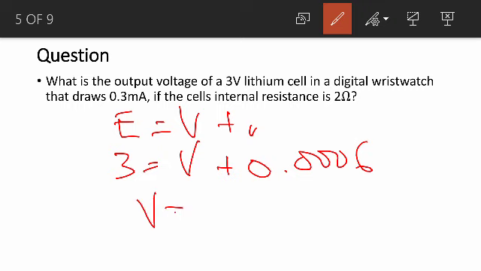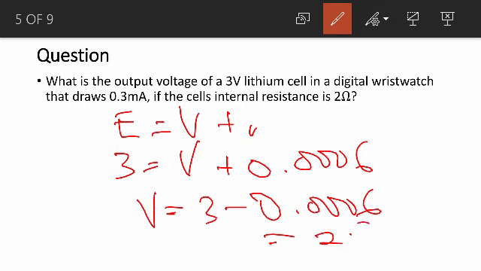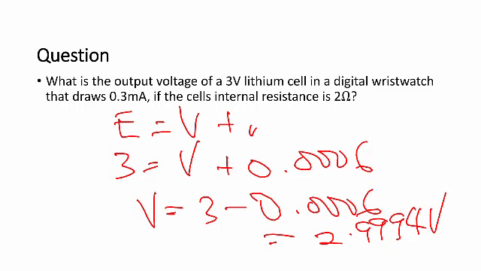So if we collect like terms, you see that V is equal to 3 minus 0.0006. And when you subtract that, you are going to get 2.9994 volts. Okay, so that's the value for our load voltage.